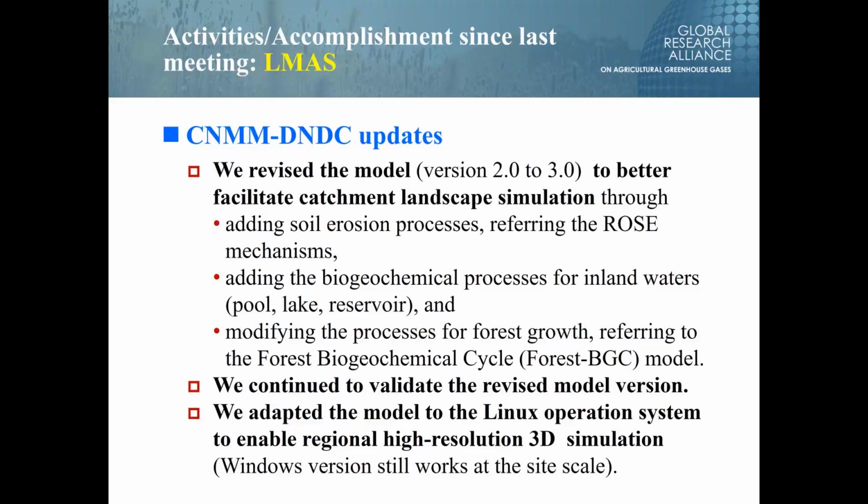Then we continued to validate the revised model version, and we also adapted the model from the Windows version to the Linux operating system version to enable regional high-resolution 3-dimension simulation.